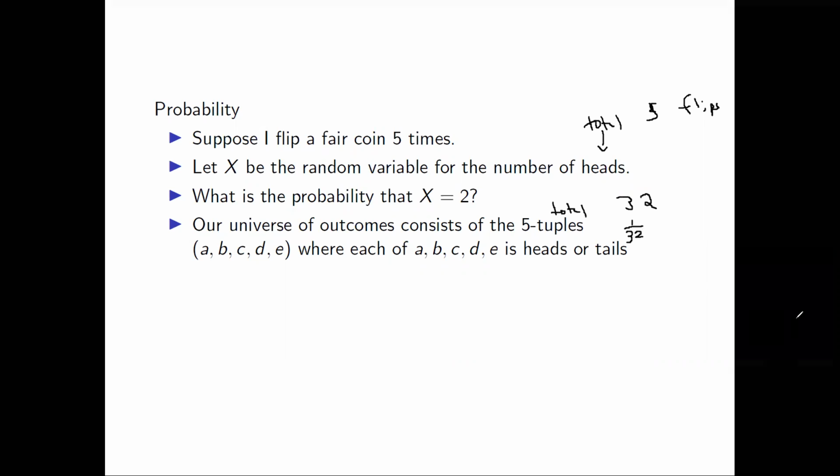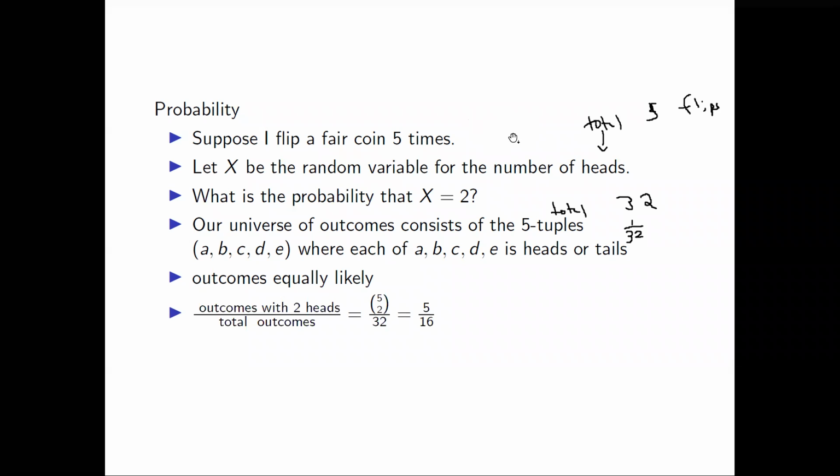It's 1/2 to the 5th. So all the outcomes are equally likely, and we can do the same type of calculation that we did last time. So we can count the number of outcomes where x equals 2. So outcomes where we get a total of 2 heads out of the 5 flips, and divide that by the total number of outcomes. So we already know the total number of outcomes is 32.